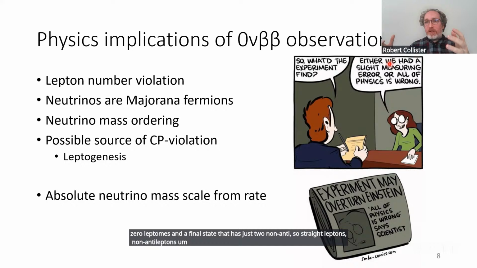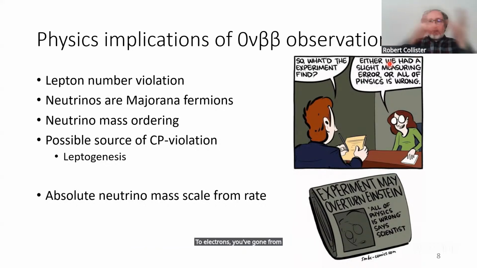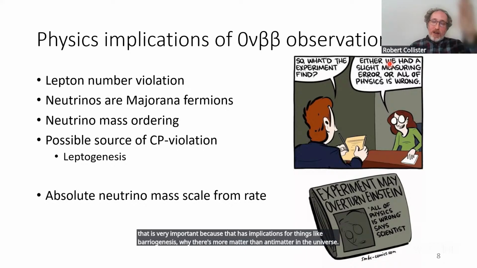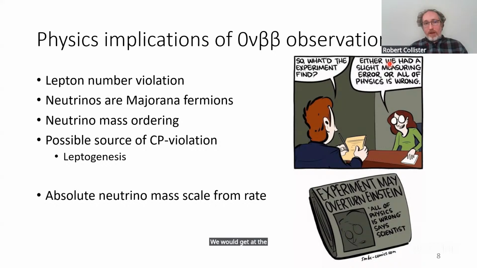To electrons, you've gone from lepton number 0 to lepton number +2. That is very important because that has implications for things like baryogenesis, why there's more matter than antimatter in the universe. We would get at the mass ordering from the effective Majorana mass, and this is a new source of CP violation in the standard model. And so these are all really interesting things that would be very, very, very cool to see.